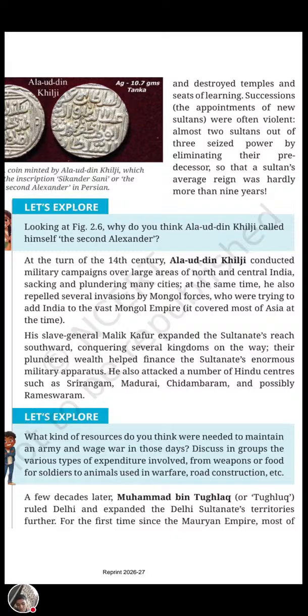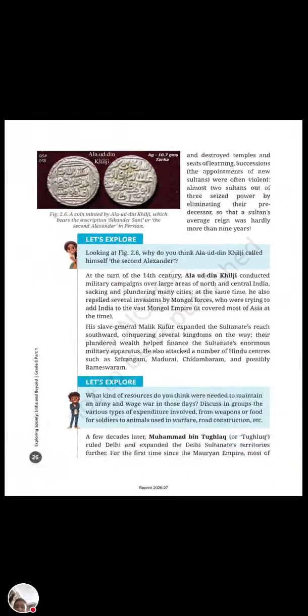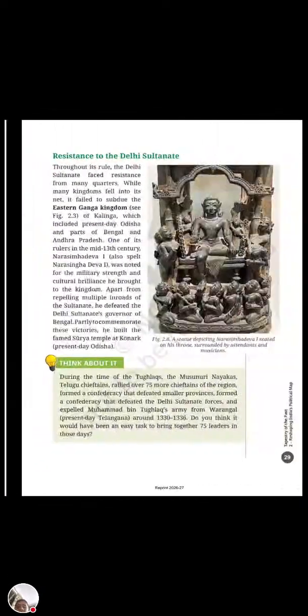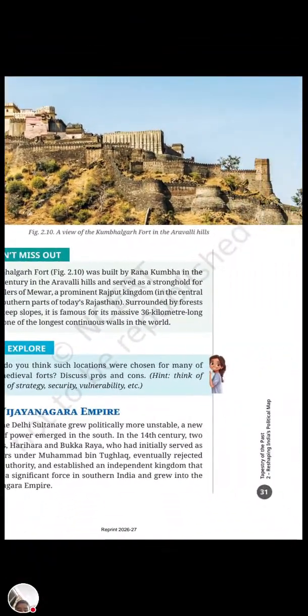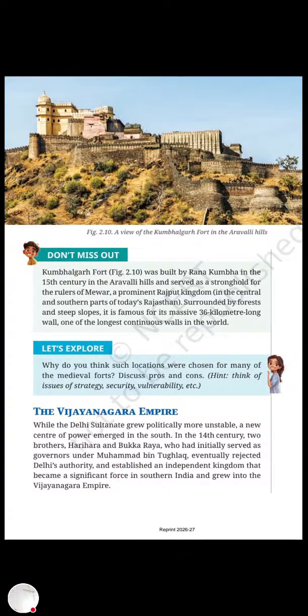You can write per soldier or per person. So we have written 5 points and almost 10 to 15 lines of answer for this question. Next question of Let's Explore is on page number 31. Have you understood what we wrote in this question?